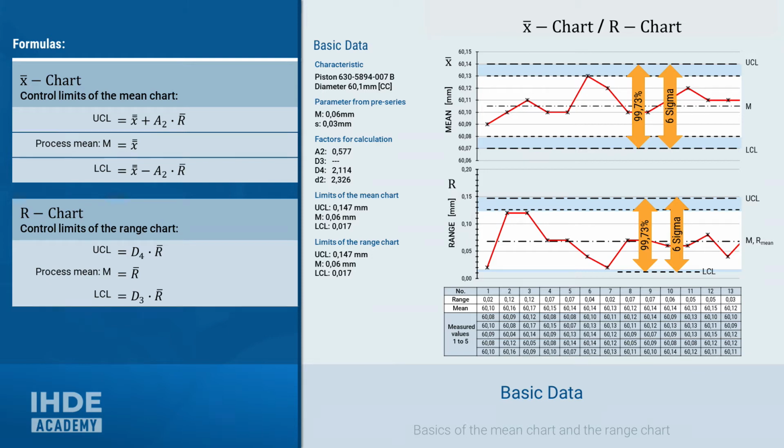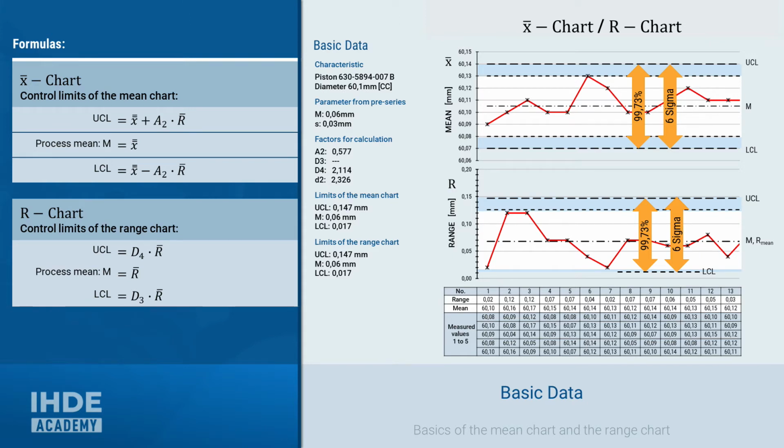With a probability of 99.73%, the control chart does not generate a signal. With a probability of 99.73%, there is no need to interfere in the process. Hence the term non-interference probability.